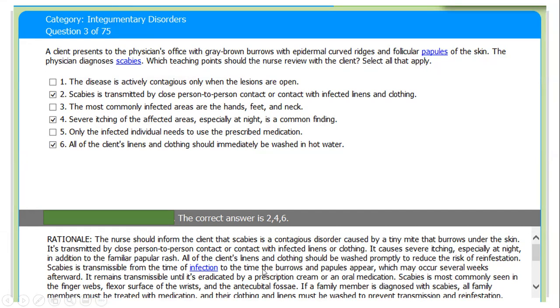Scabies is most commonly seen in the finger webs, flexor surface of the wrist, and also the antecubital fossae. If a family member is diagnosed with scabies, all family members must be treated with medications, and their clothing and linen must be washed to prevent transmission and reinfestation.